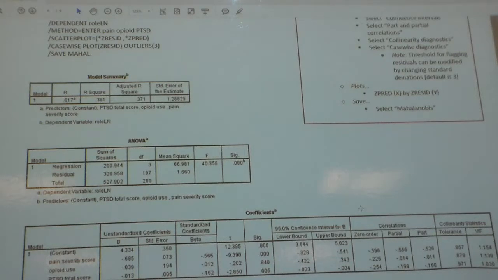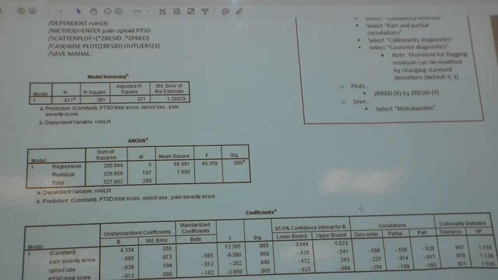All right, Angeline, tell me about this ANOVA table. What are we looking at in the ANOVA table? You're seeing that it is different from 0. Mm-hmm. What is different than 0? So regression. Yeah.